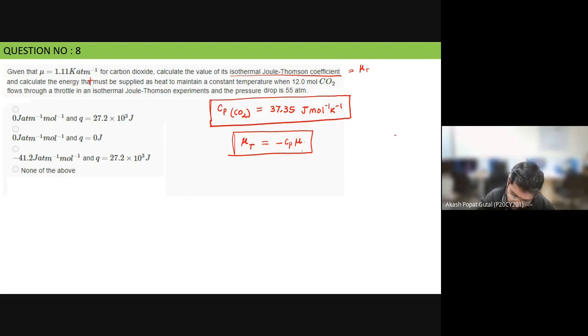So this mu is the actual Joule Thomson coefficient, and mu T is the isothermal Joule Thomson coefficient. We have the expression mu T equals minus 1 by Cp del H by del P at constant temperature.